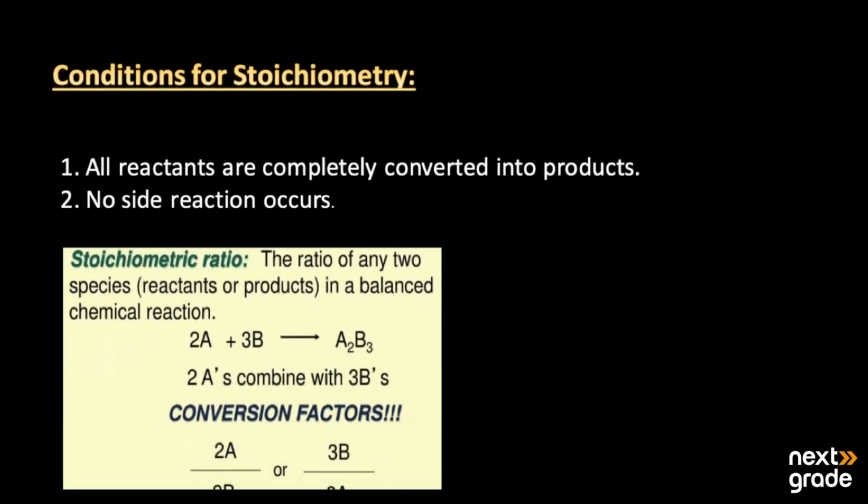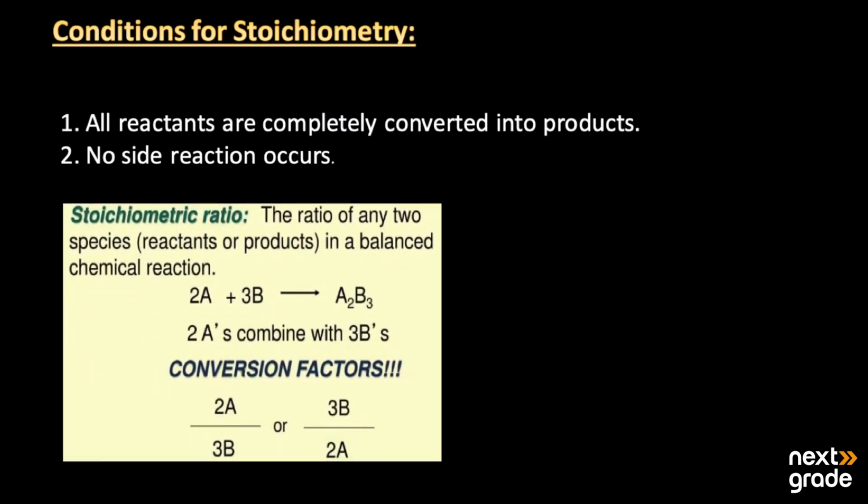Next, we have the main conditions for stoichiometry. Basically, there are two conditions. The first is that all the reactants are completely converted into the products. It means if we have a reactant A, it should be completely converted into B. This is the first and important condition for stoichiometry.